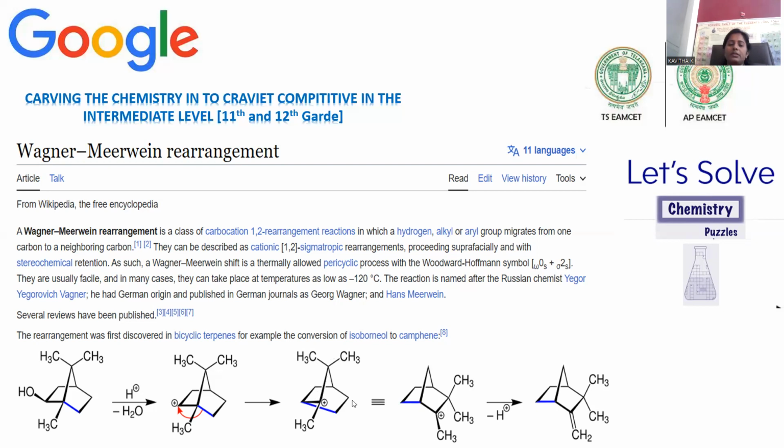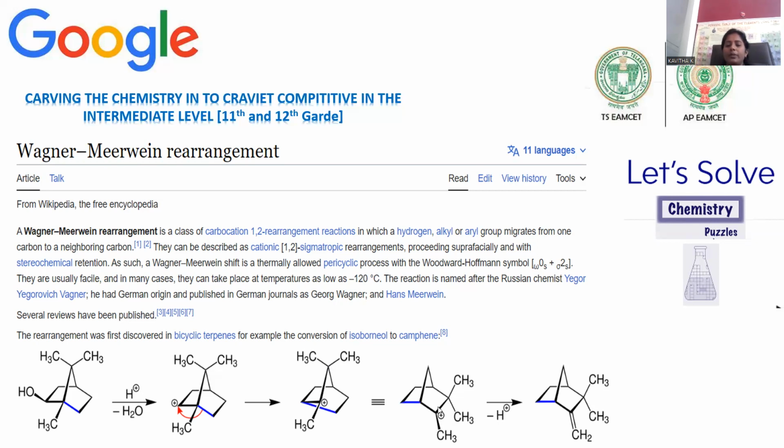We can rewrite this tertiary carbocation in another way as well, where the bridgehead carbon can be just tilted like this, and you get the methyl there, and the adjacent carbon atom has another methyl with the carbocation, which is called 3 degree, tertiary. Whatever carbon is there in between can be taken as the bridgehead.